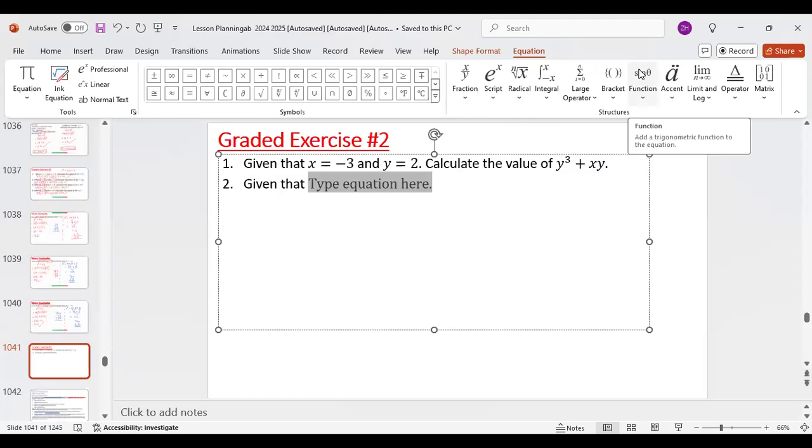All right, it's going to be x is equal to -3. Okay.